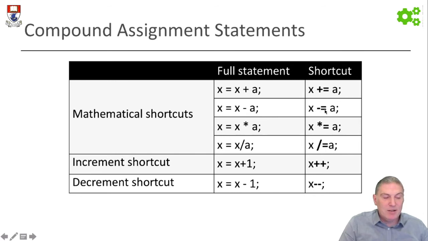diameter minus equals a. So this is like a shorthand way of writing an assignment statement, and we call these compound assignment statements. What you'll notice is for the plus, minus, multiplication and division, instead of saying variable is assigned the value variable with the operator and then some other value, you can just say variable, the operator, assignment, and then the value that you want to either add, subtract, multiply or divide by.